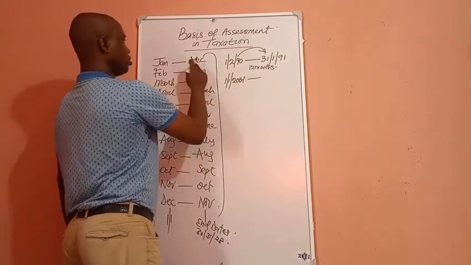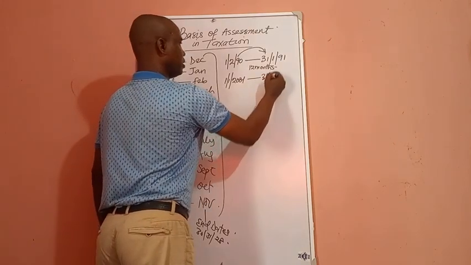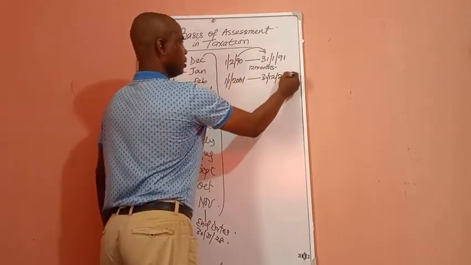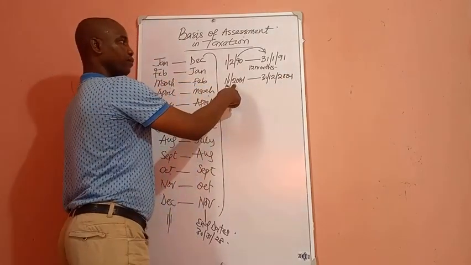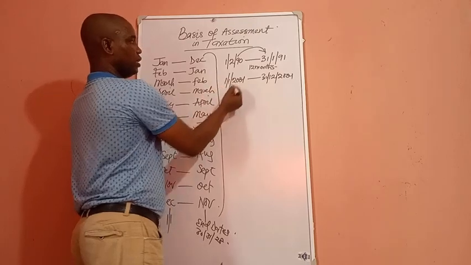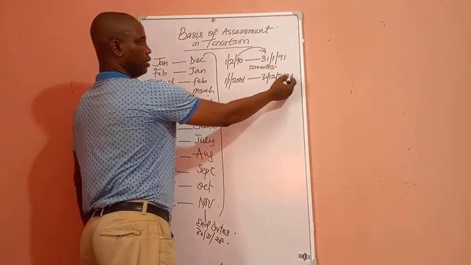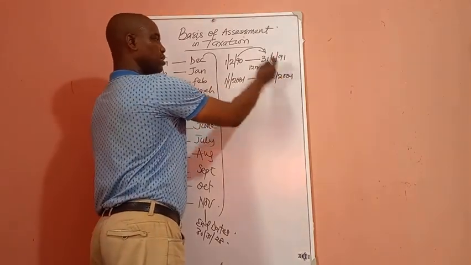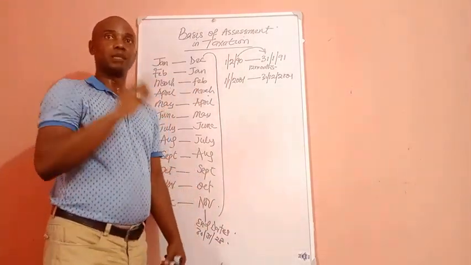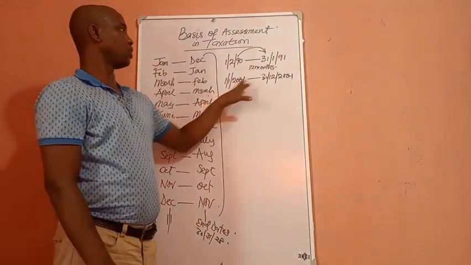So the right date is going to be December, so we have 31st December. I will still take 2001, because it is from January. Anytime the date falls outside 1st January, if this is 2001, this is going to be 2002. It happens consistently. Apart from January, that takes the same year. January takes 2001 to 2001.